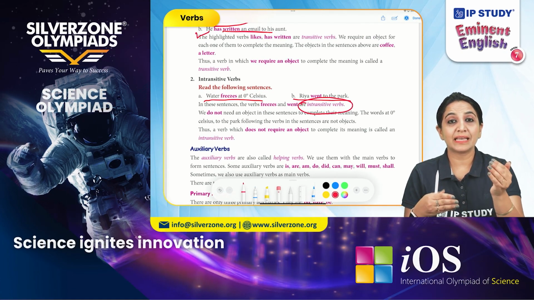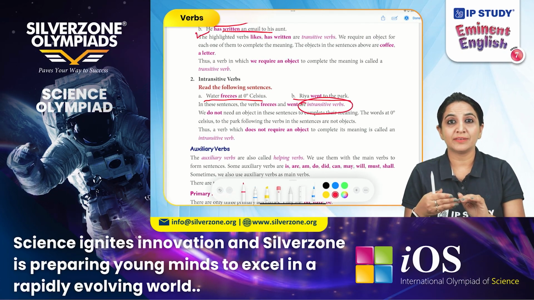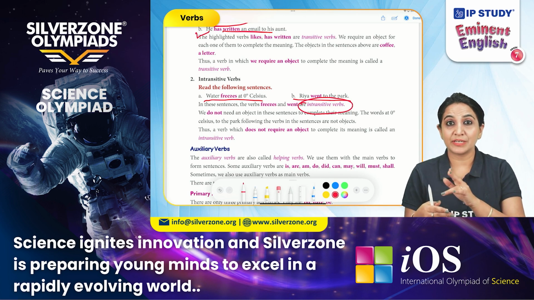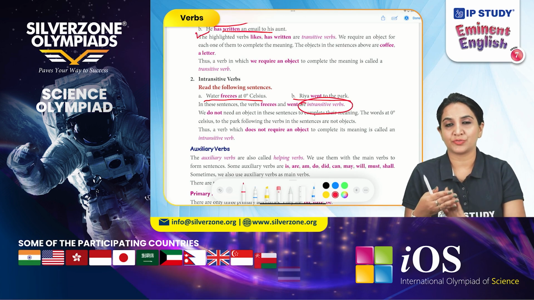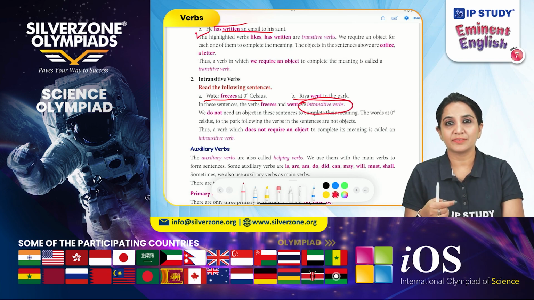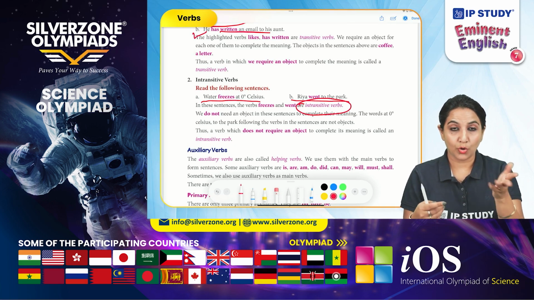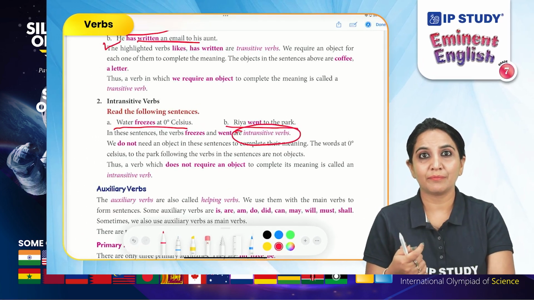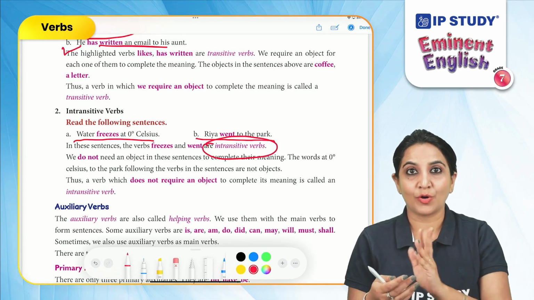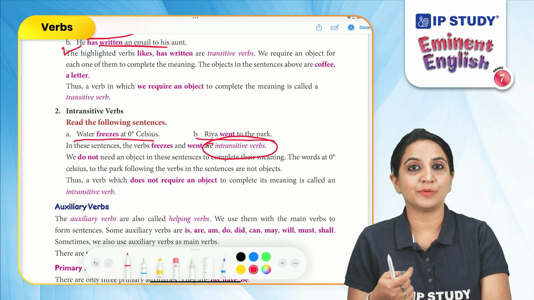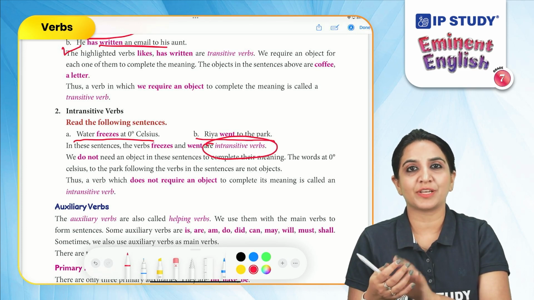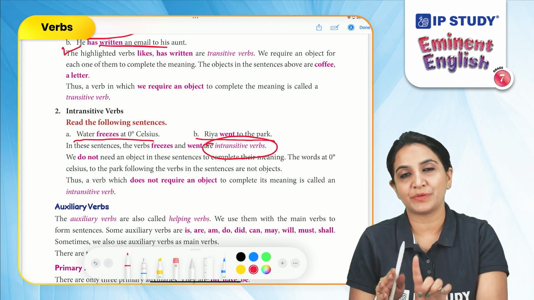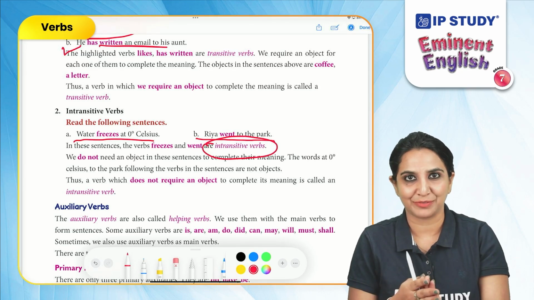That means it is the state of to be or to have. But intransitive verbs are direct actions. Examples: went, go, climb. These are called intransitive verbs. So this is a very special trick that you can use to differentiate between transitive and intransitive verbs.